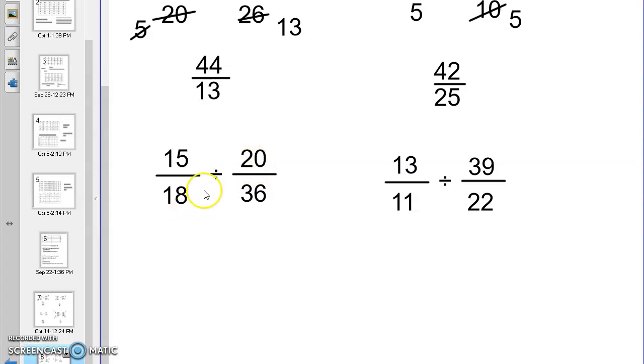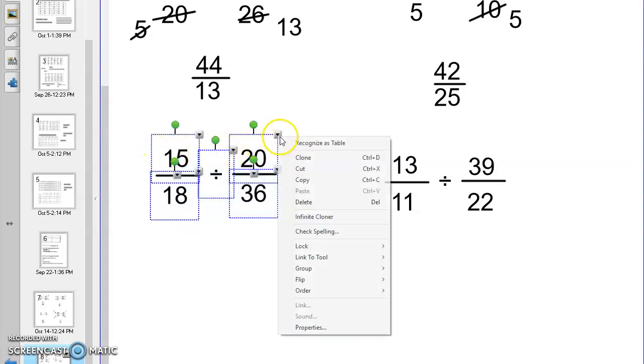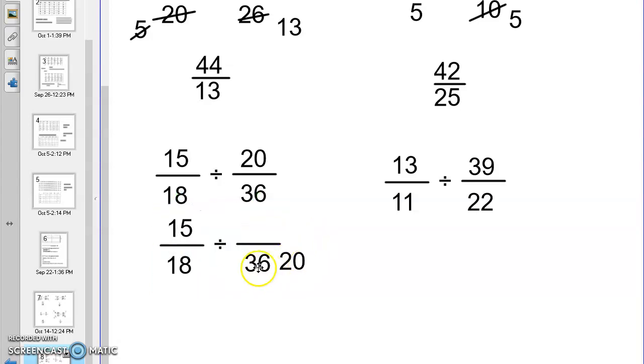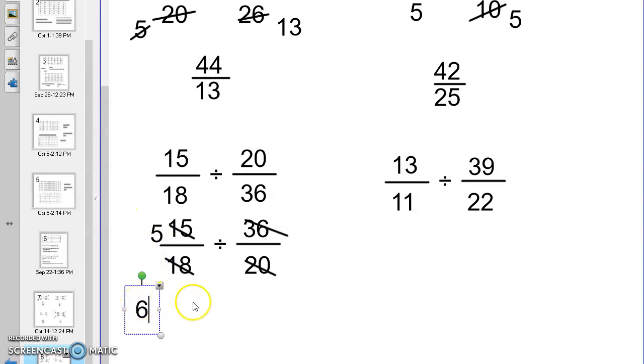Here, we're going to flip. I'm going to reduce vertically first. This becomes 5 over 6. And this becomes 9 over 5.